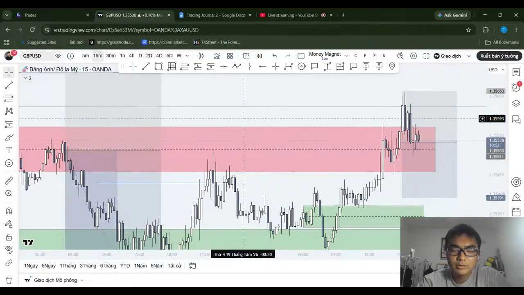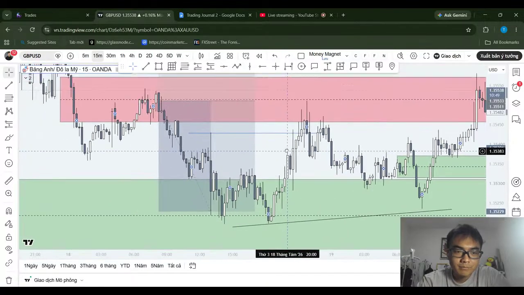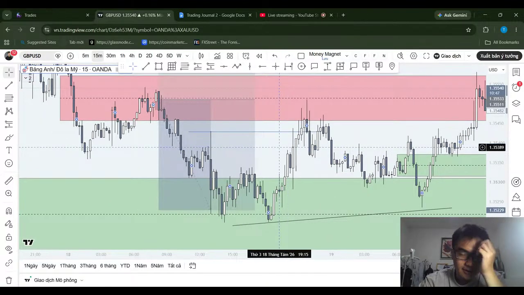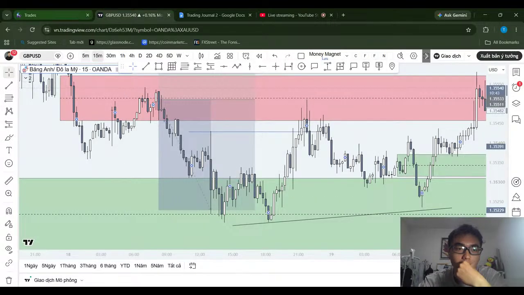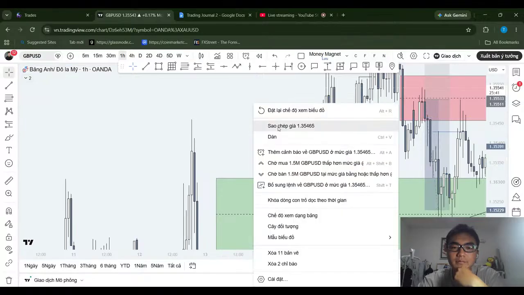I'm just looking for the trade around this one. Hmm, this trade is very messy. I don't have it for the 1 hour time frame.